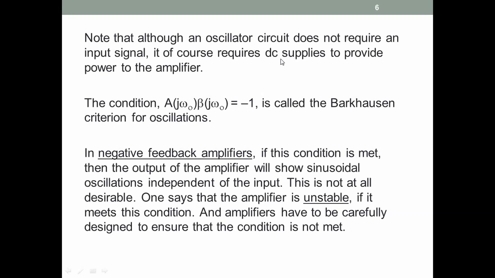Now let us note specifically that in negative feedback amplifiers, as opposed to oscillators, so we've seen a lot of negative feedback circuits last semester, if this condition is met, and it is possible that this condition will be met because it could be met in any negative feedback circuit, then the output of the amplifier will show sinusoidal oscillations independent of the input.